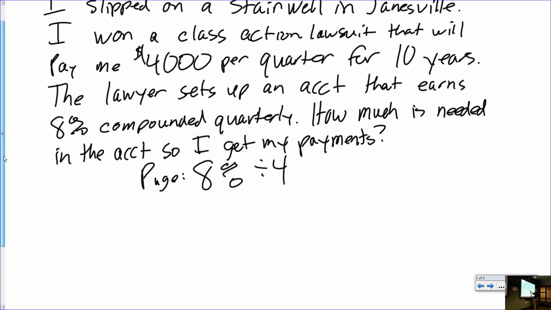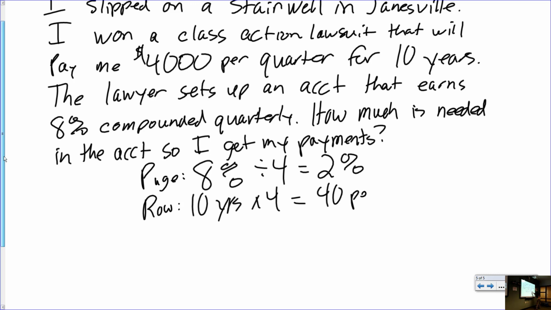We're compounding quarterly, so we're on the 2% page. What row am I going to go to? 40. 10 years, 4 payments per year, 40 periods.